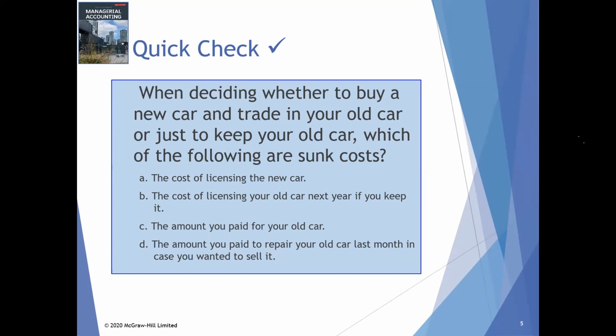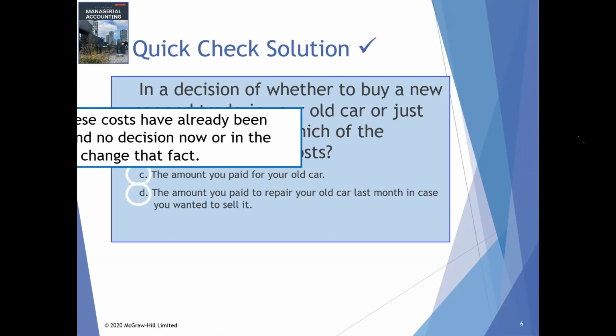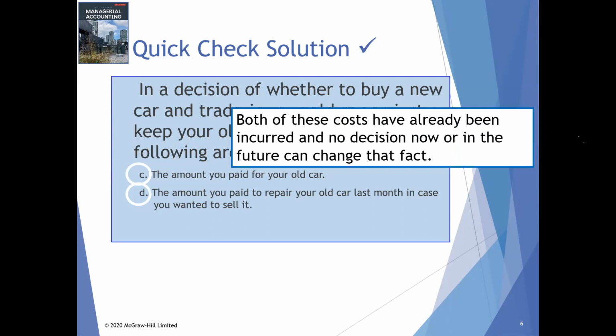This is known as sunk cost. So now we can say C and D are the right answers. Why? Both of these costs have already been incurred, and no decision now or in the future can change that fact.